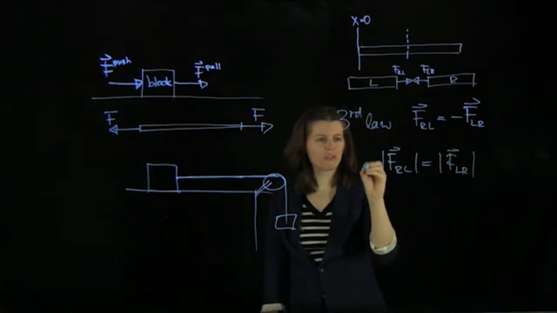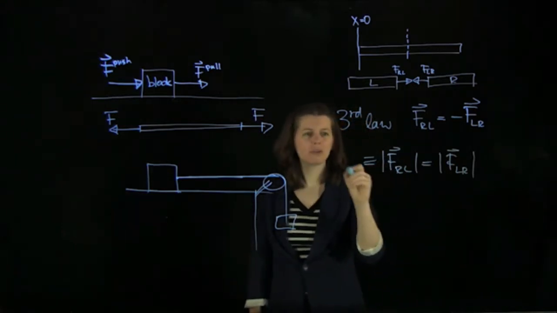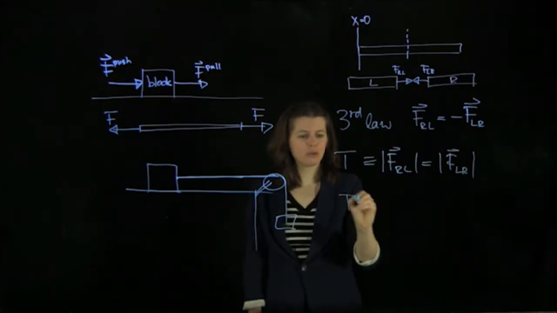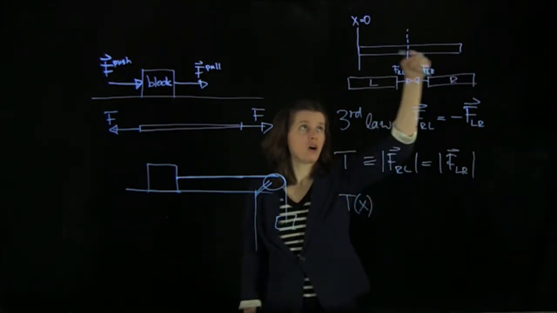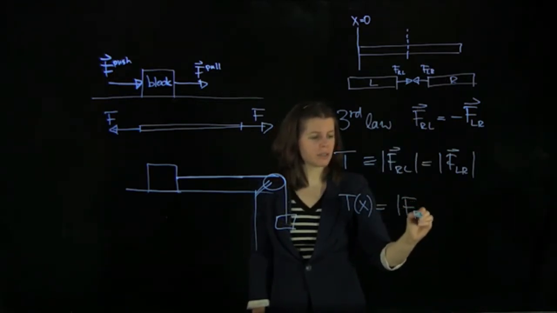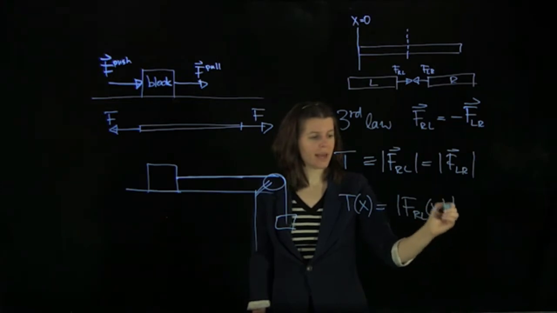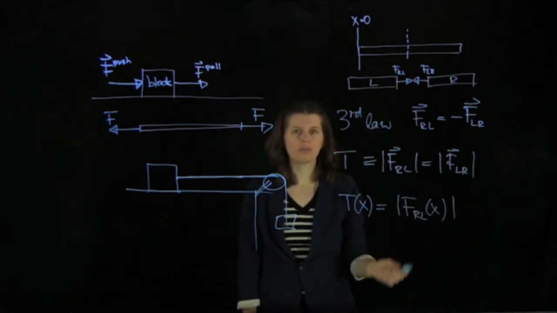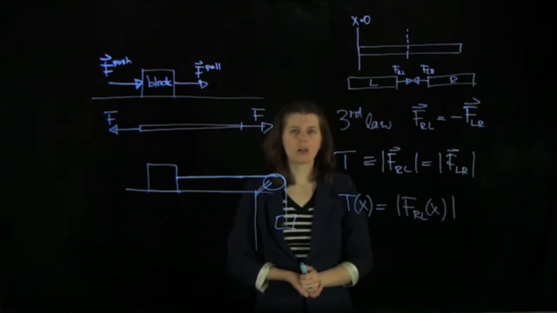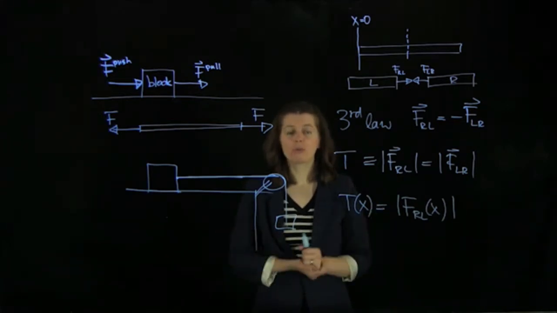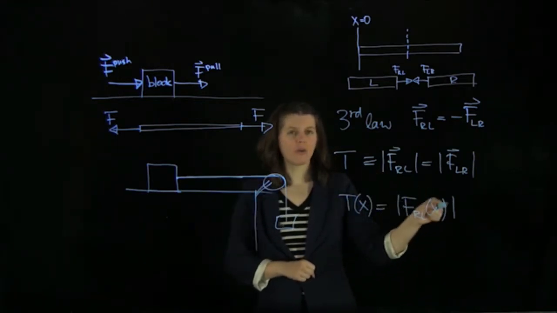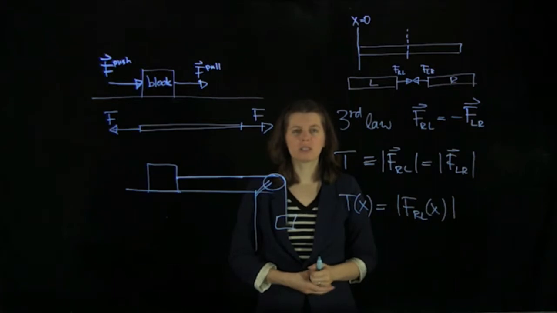And we're going to define this magnitude as the tension force. And that is true for all x along this line, that this is the magnitude of this force here. And from now on, when we talk about tension in a rope, we talk about the magnitude of one of these internal forces.